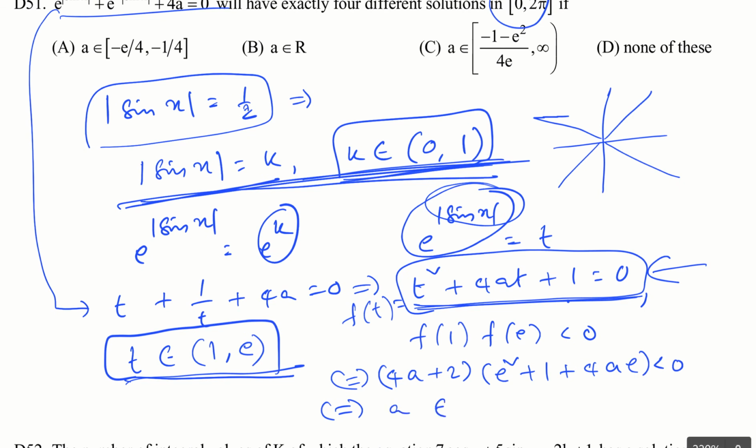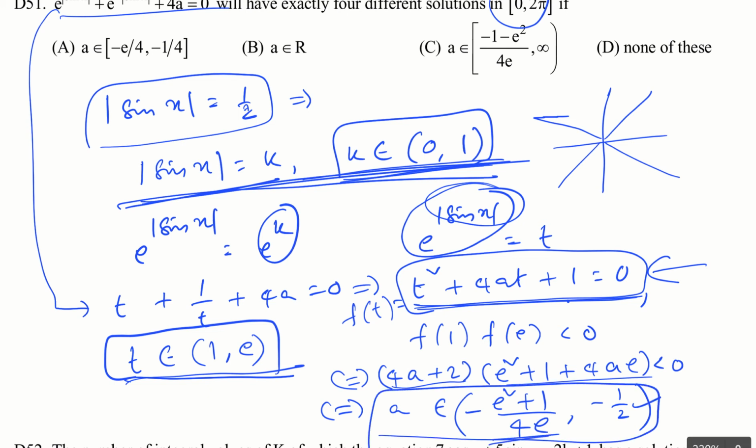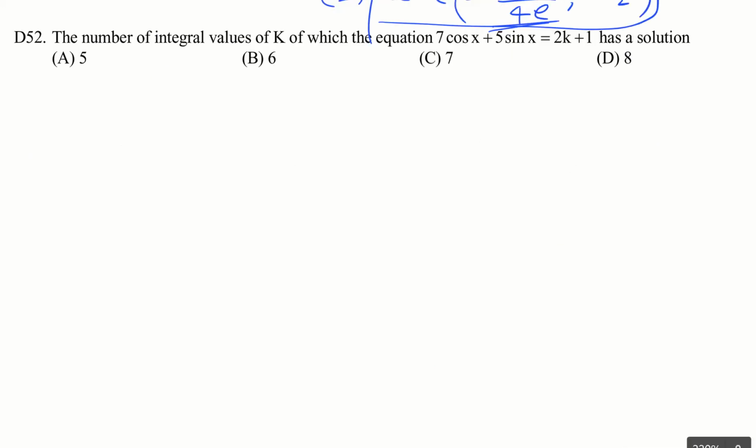So a belongs to, here I'll get minus 1 by 2, and from here I get minus of e square plus 1 by 4e, comma minus 1 by 2. You can verify that this number is bigger than this number. So actually these are the set of values of a, so that the given equation has exactly four different solutions. Let's go to next problem.